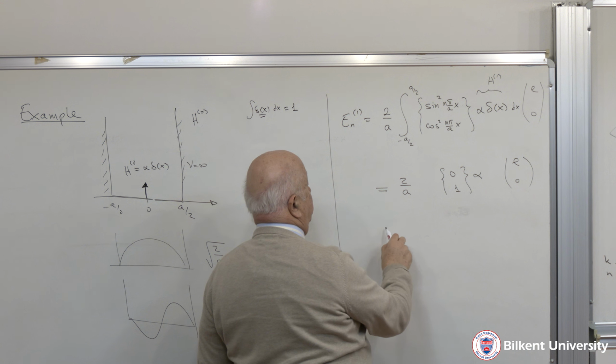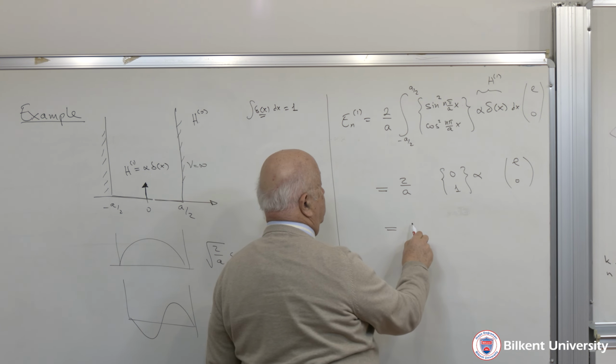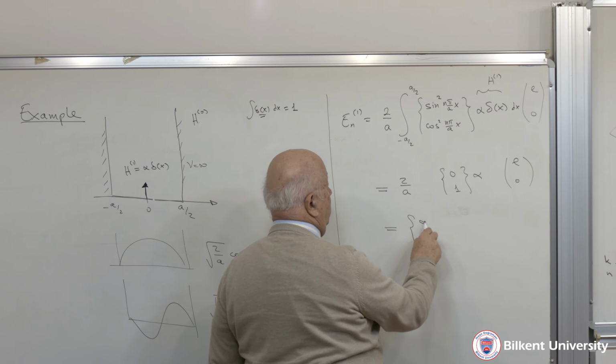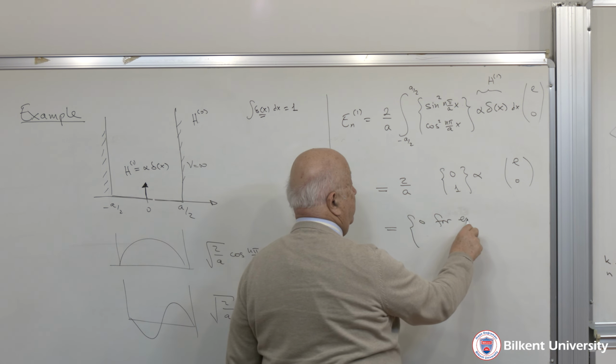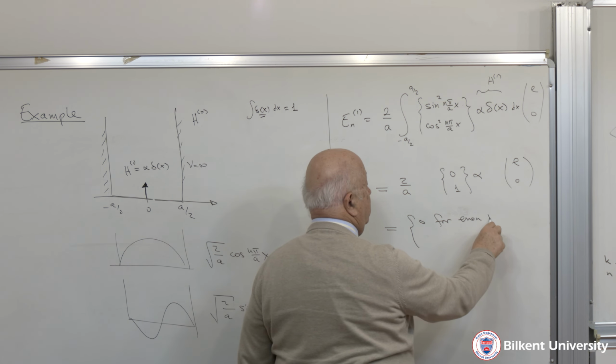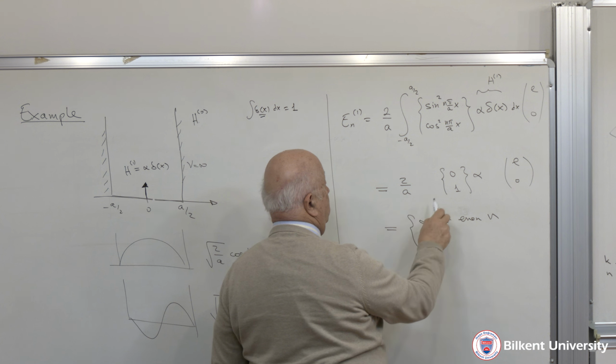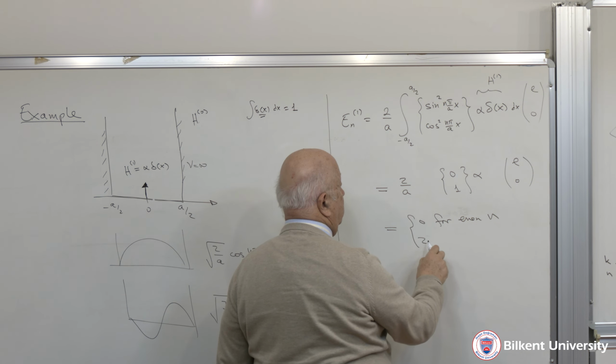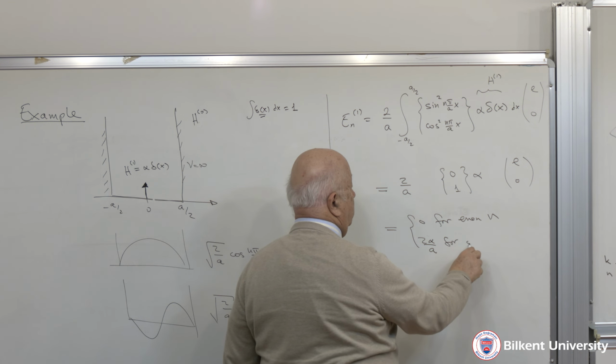So I'm going to get 0 for even n, or 2 alpha over a for odd n.